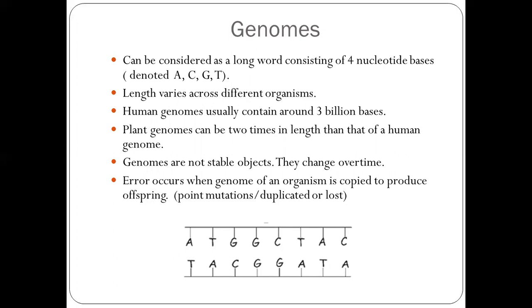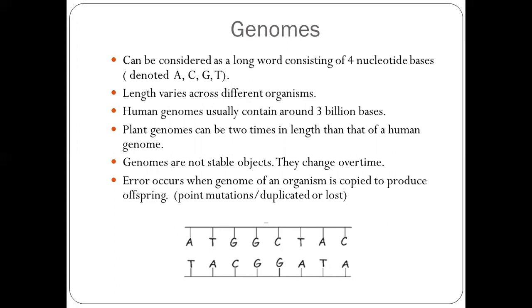For humans, it typically contains about 3 billion bases. For plant genomes, it can be 2 times the length of the human genome.